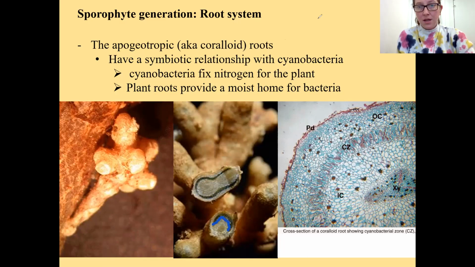If we were to look at that under the microscope, here's a cross section of an apogeotropic, aka coralloid root, showing the cyanobacterial zone, CZ. So CZ is right here, and that's where the cyanobacteria live, inside of that plant root. So, a symbiotic relationship.